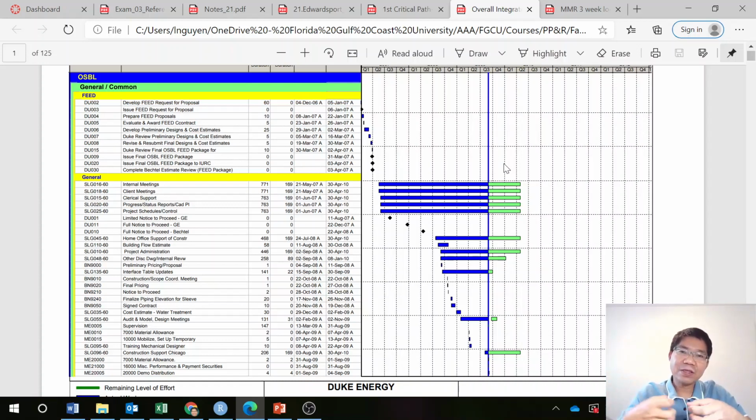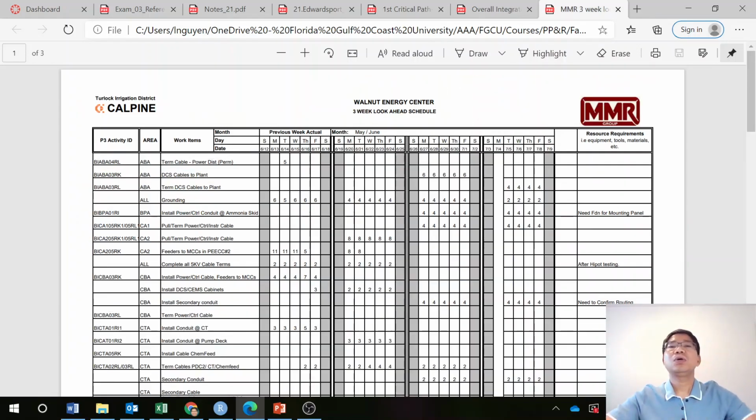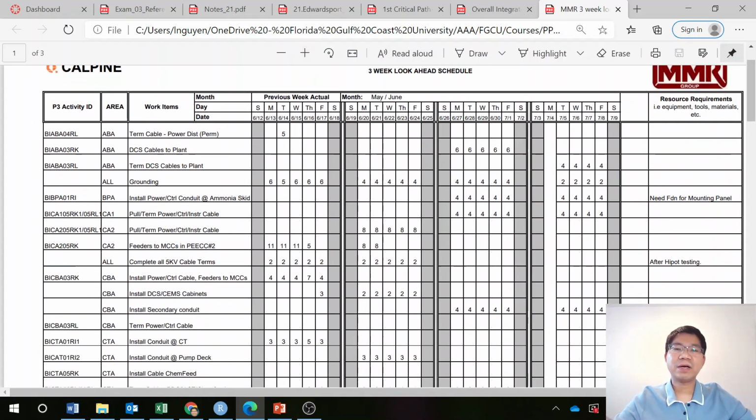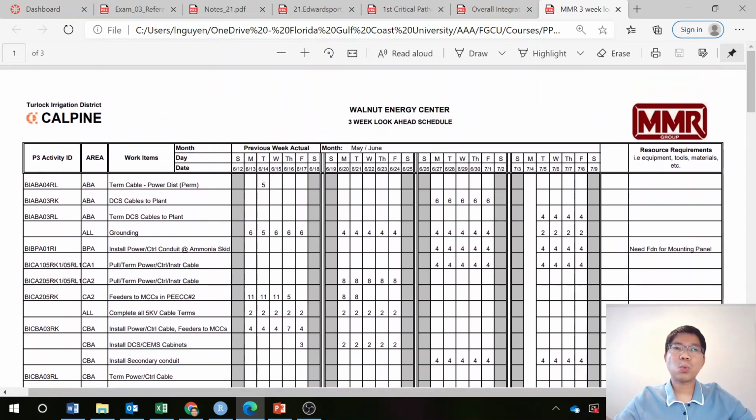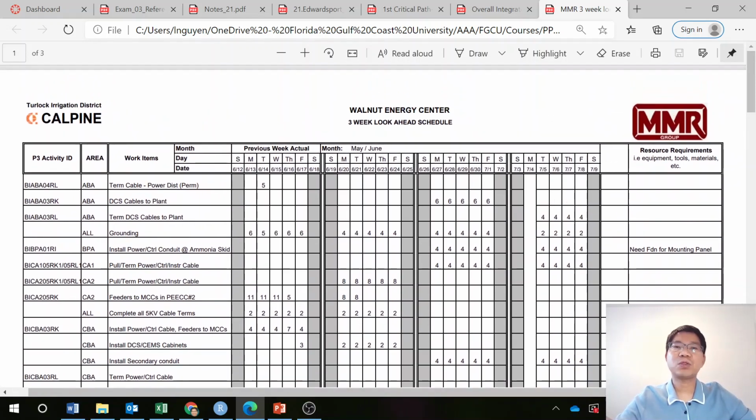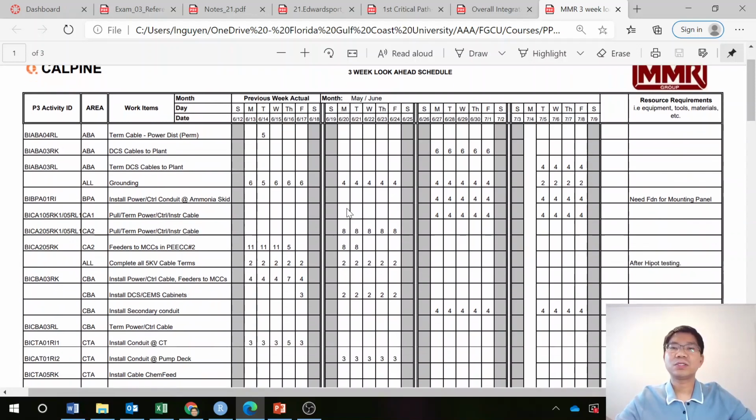So we break it down further, print out one snapshot of this detailed schedule, and then we have the 3-week look ahead. As you can see the title there, this is another power plant project, the Warner Energy Center, and its 3-week look ahead schedule.